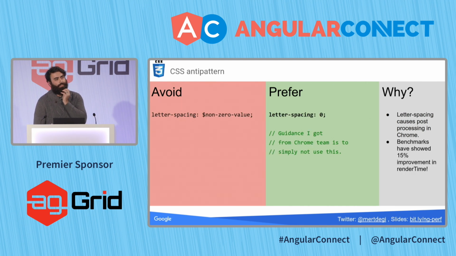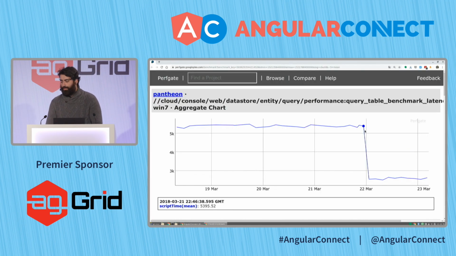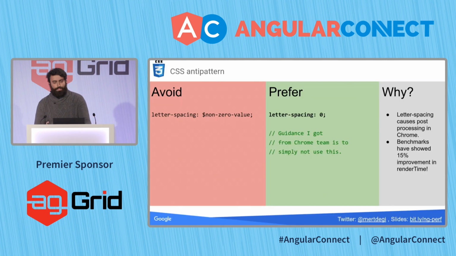This was another inefficient CSS. This was a surprise to us because we have 50 or so front-end developers on our team, and none of us really knew why adding letter spacing would decrease performance. We found out thanks to that tool I was showing you, which tracks all the changes, and it was like, hey, there was an improvement when you removed letter spacing.